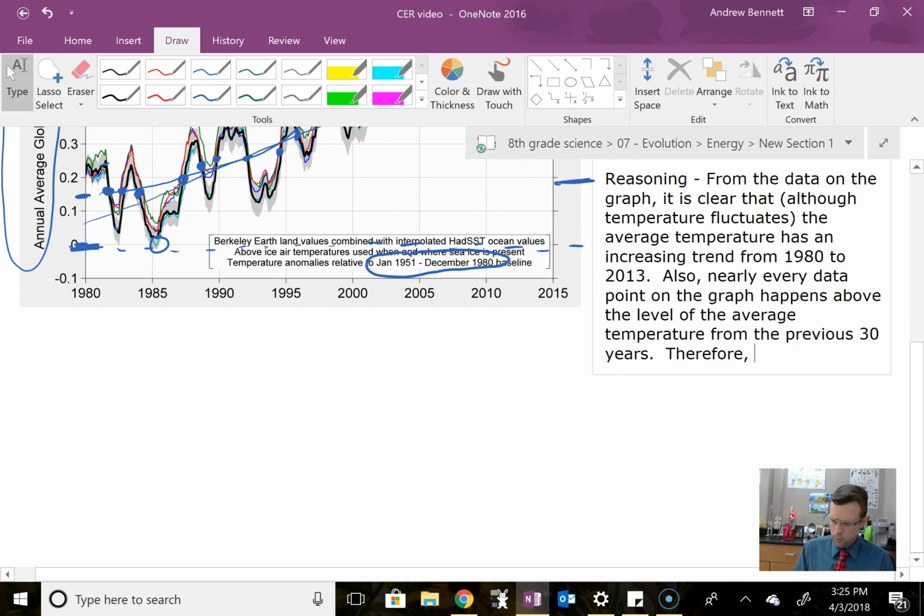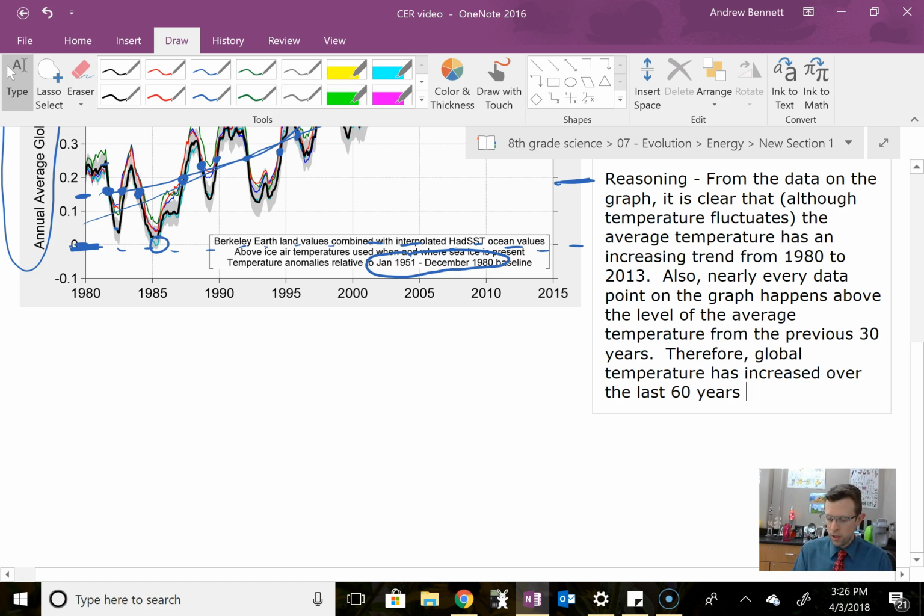Therefore, global temperature has increased, maybe not steadily, but has increased over the last, we'll say, we have some evidence to say over the last 60 years, or at least that the average over a 30-year chunk there and a 30-year chunk more recently has increased.